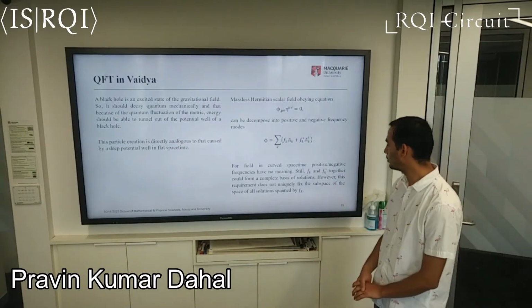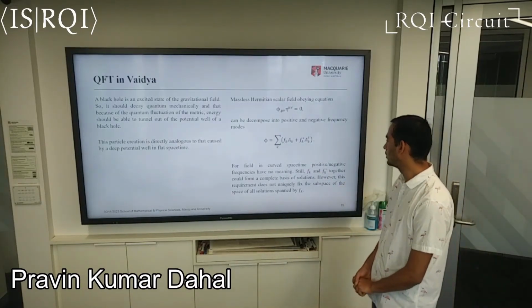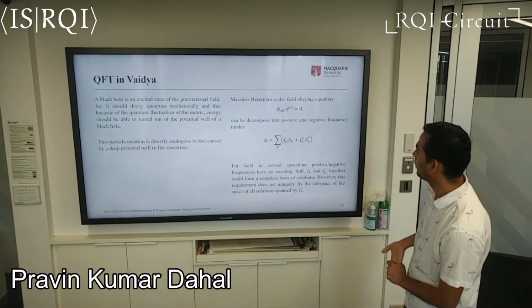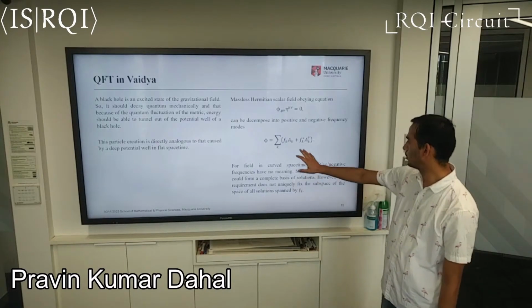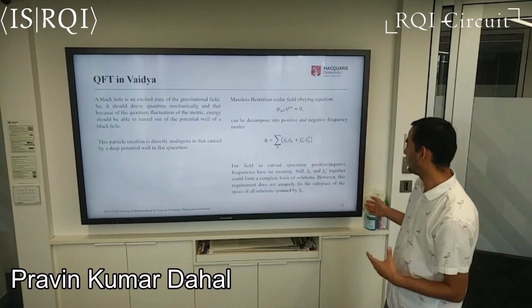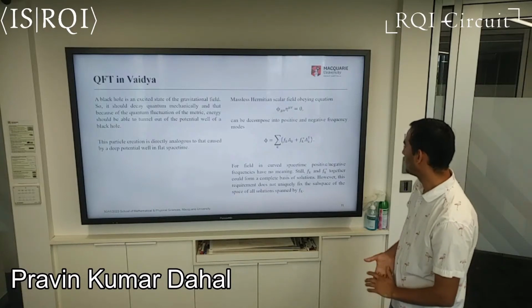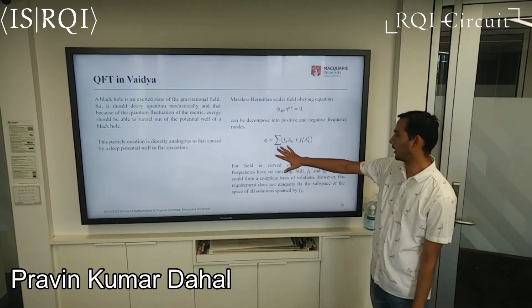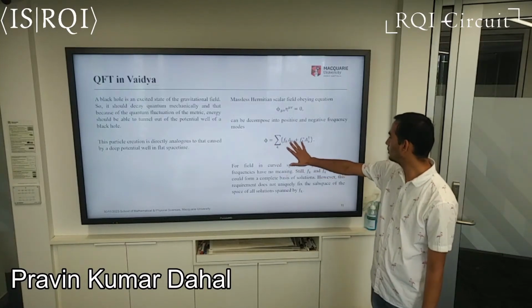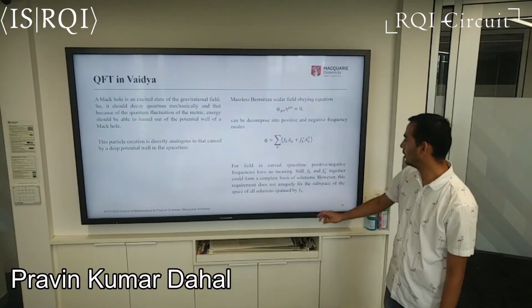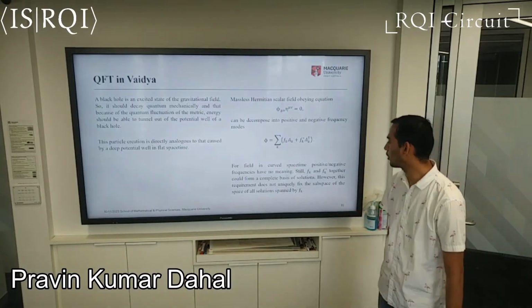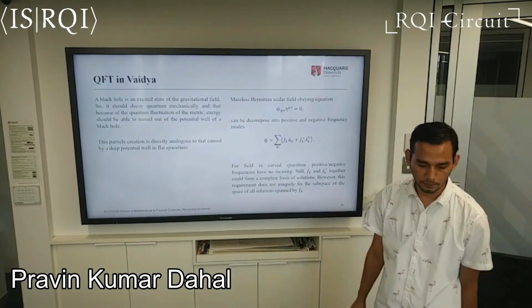However, in curved spacetime, this decomposition has no unique meaning. We can decompose in different ways, but mathematically we still do these decompositions, and the modes f_k and f_k star could form a complete basis of solutions in curved spacetime.